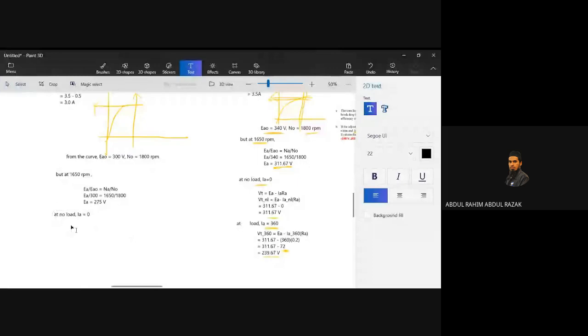So you use the equation which is Vt is equal to EA minus IARA, and your Vt at no load is equal to EA minus IA at no load times RA.